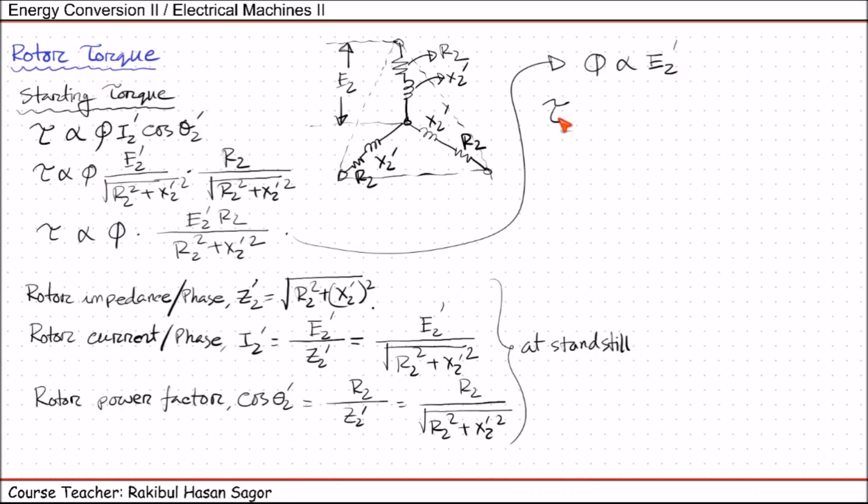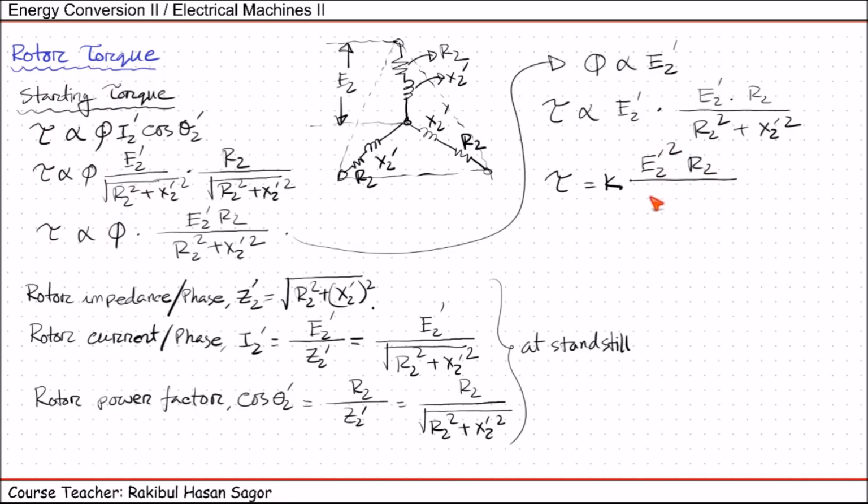So we can write tau is proportional to E2 prime into E2 prime into R2 divided by R2 square plus X2 prime square. From here we can write tau equal to K, where K is constant, into E2 prime square R2 divided by R2 square plus X2 prime square. This is the equation for starting torque.